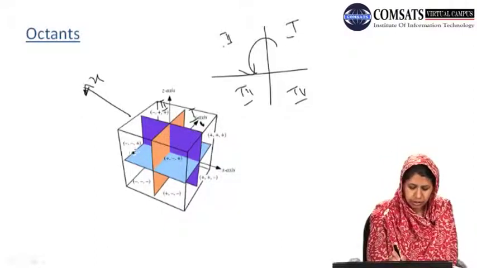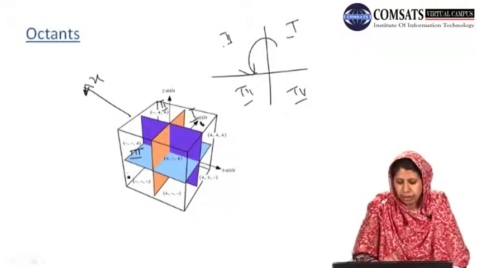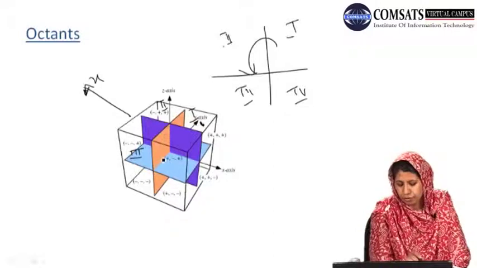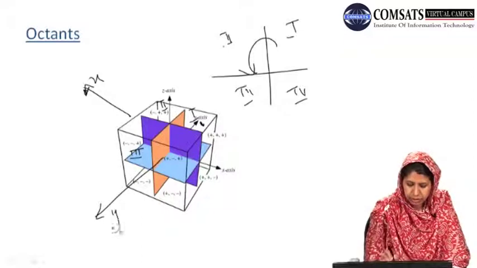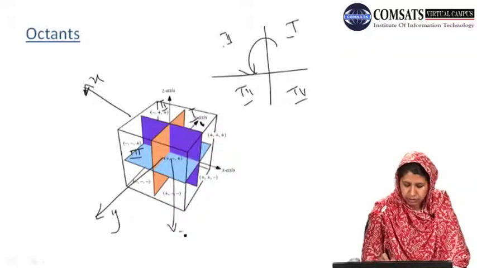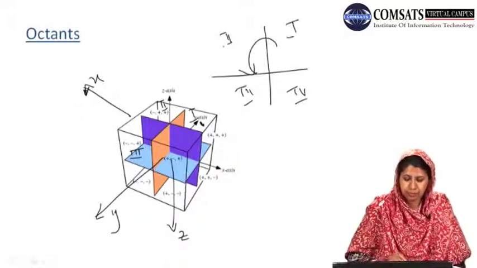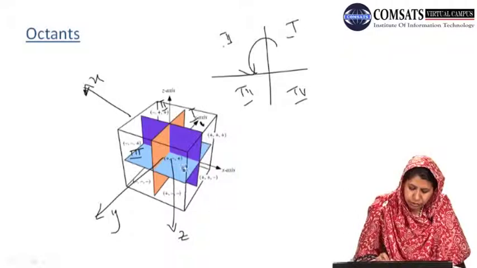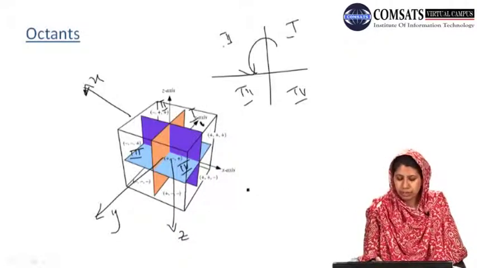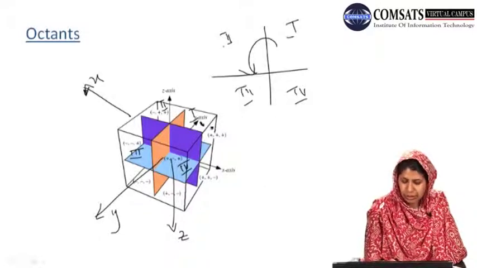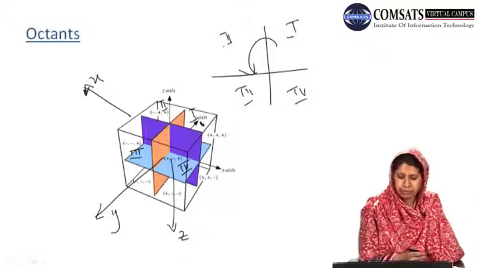Now our third one, where x is negative, y is negative, and z is positive. Then our fourth one, where x is positive, y is downwards, y is negative and z is positive.